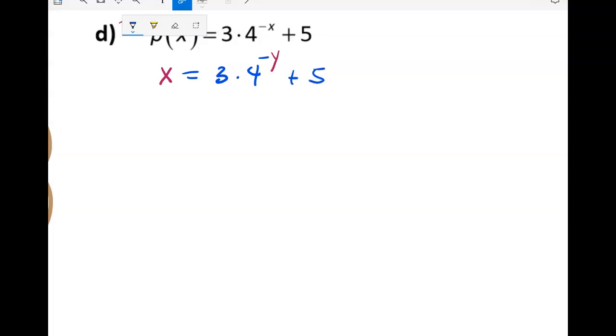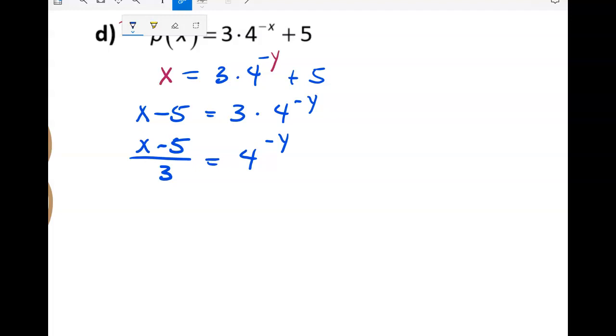Okay, thinking about the order of operations, things that are happening to y: take the opposite of it, raise 4 to that power, times 3 plus 5. So plus 5 is the first to go.